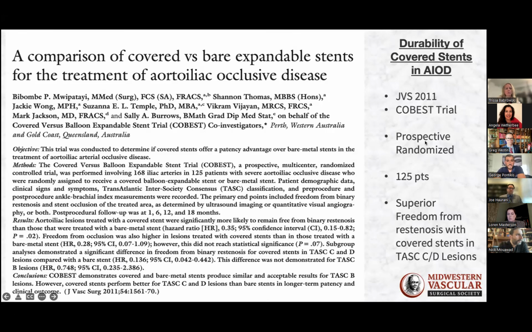This was a prospective randomized study, small patient population, but nevertheless important, because what they found was clear superiority for longer lesions, TASC C and D, whereas in TASC B and A lesions, there was no statistical difference between bare metal and covered. So clearly there's some benefit when you're treating longer lesions, and the use of covered stents allows us to achieve results that rival aortobifemoral bypass.